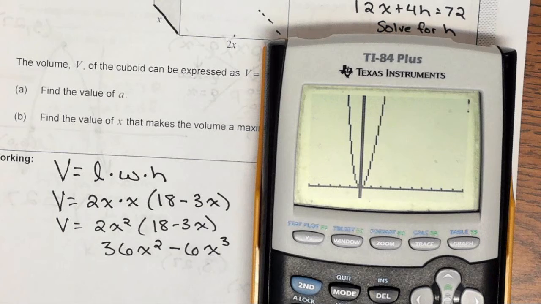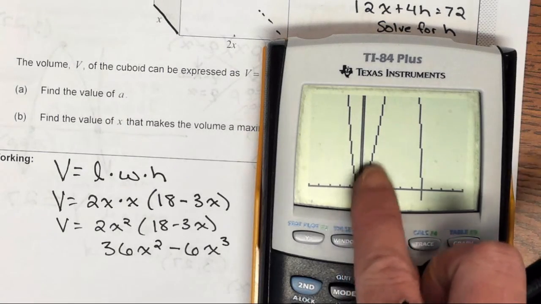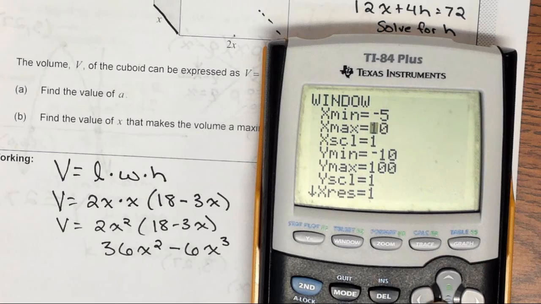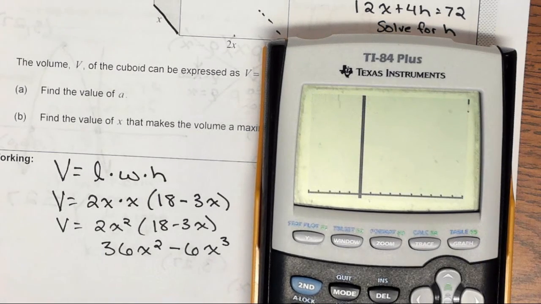My window's partly okay. I can see where it came down. Do I see where the maximum is? No, so I play with my window and just guesstimate until I see the whole picture.